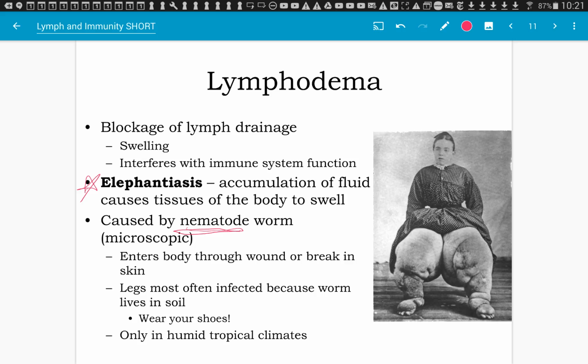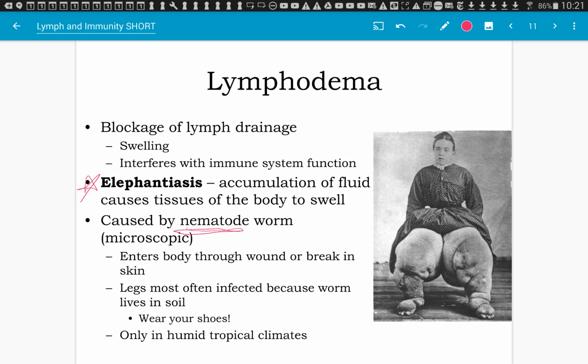So it goes in the lymph vessels, and it's getting all these great nutrients from you, and it starts to fatten up until it eventually blocks. It gets stuck in a lymphatic vessel, and it's blocked. It doesn't care because it's still getting nutrients from that fluid, but it's blocked.